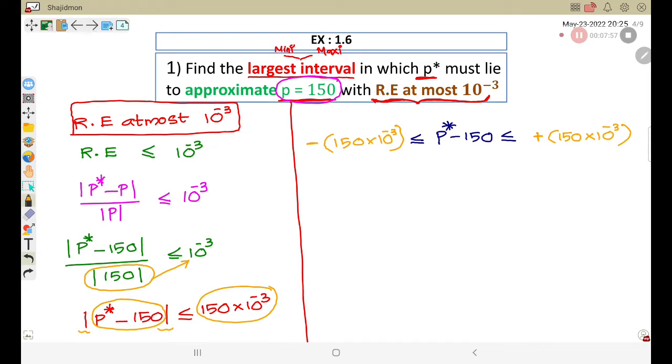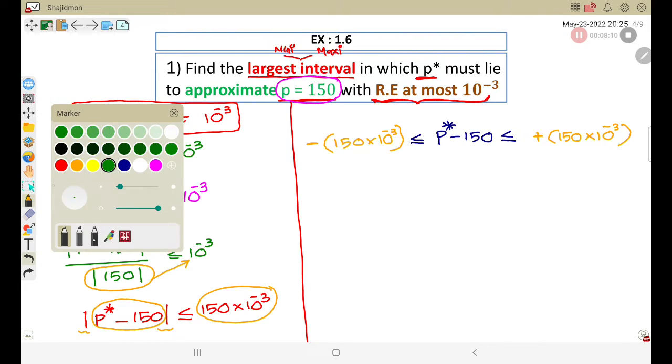This is how we are deleting the absolute symbol. The same number positive on the maximum side, same number negative on the minimum side. I hope you understood that step.